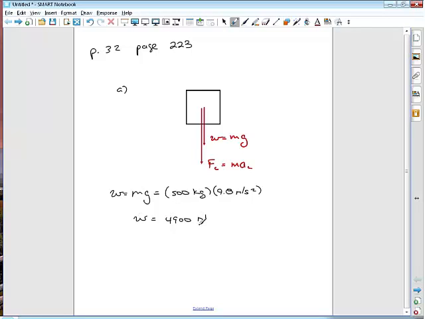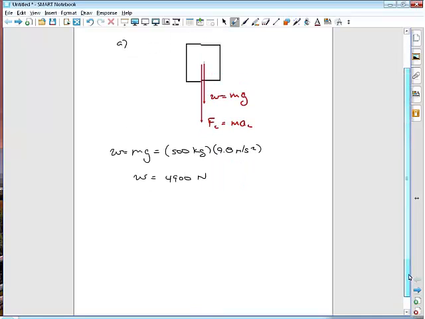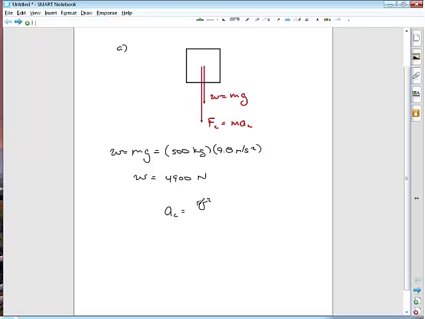Okay, so that's one component of the force. The second component is associated with the centripetal acceleration. Because we're given velocities instead of angular speeds, we can use this form for the centripetal acceleration. It's just going to be equal to v squared over r, where v is the linear speed. And our velocity in this particular case is 20 meters per second.